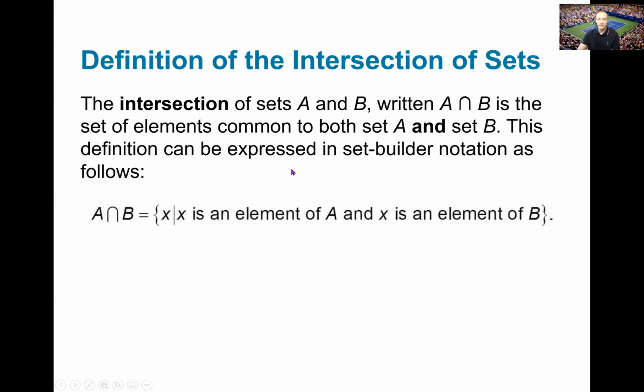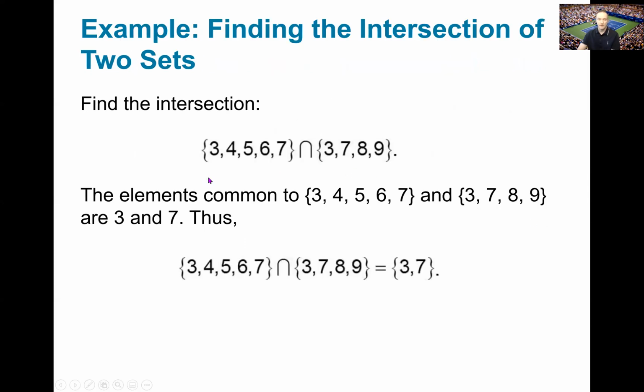The definition can be expressed in set builder notation as A intersect B is the set of x such that x is an element of A and x is an element of B. Okay, so you might be thinking, I'm not exactly sure what that means. This should make it clear to you.